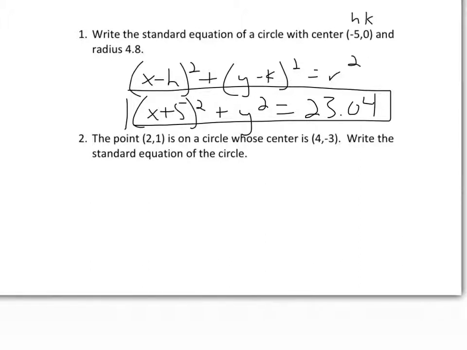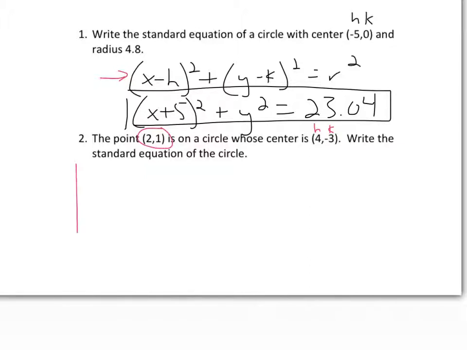So that's the equation of that circle. The second one: the point (2, 1) is on the circle whose center is (4, -3). We're going to write the equation, using this same equation. We've got h and k, and then we can use this to give us the radius. We need to find the distance between these two in order to get the radius.